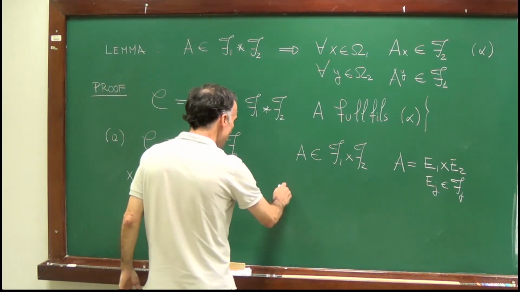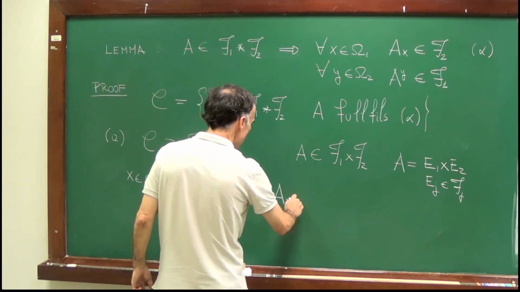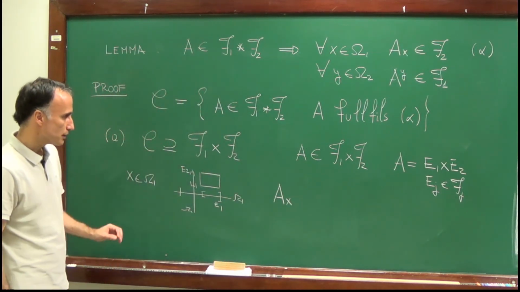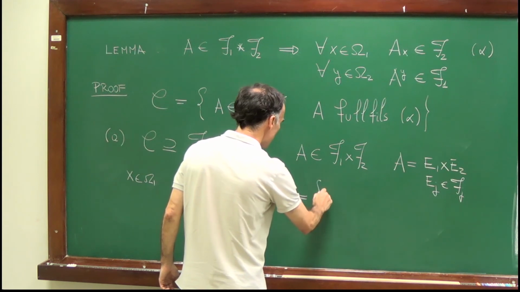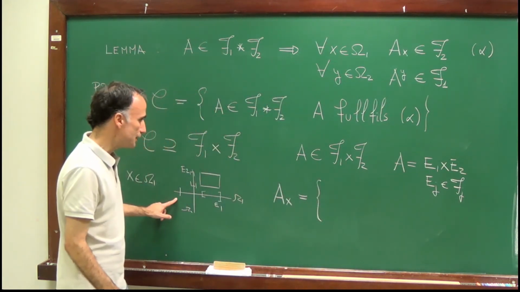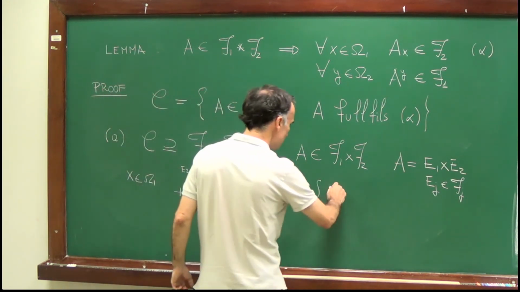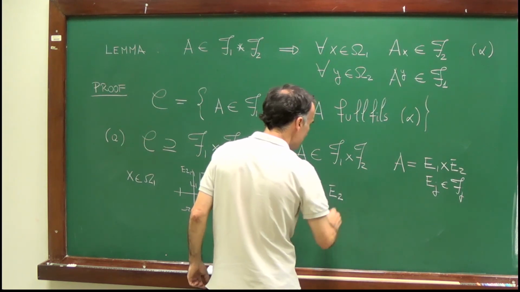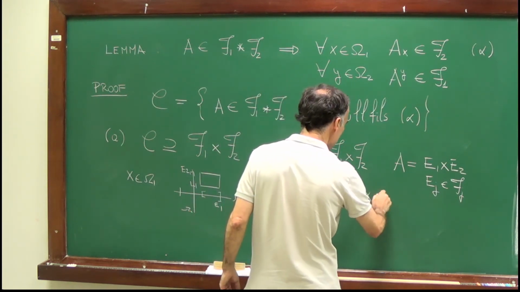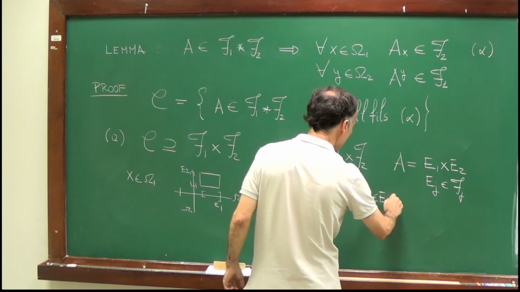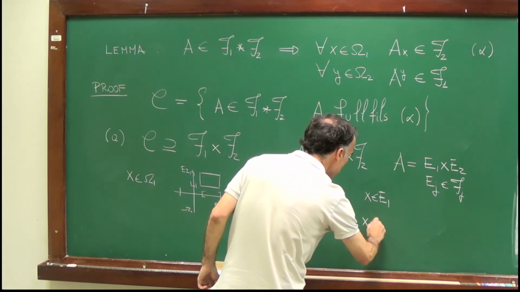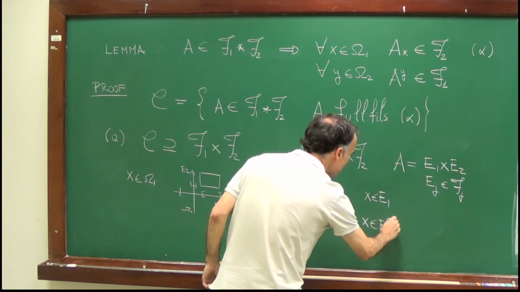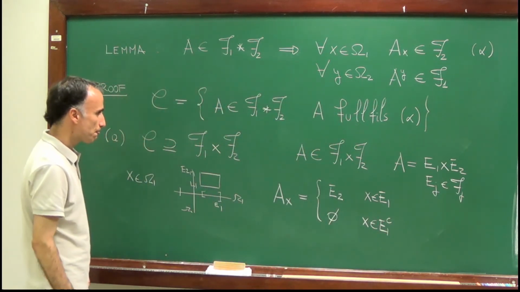So what I claim, and I leave it to you to check rigorously, is that Ax is either the set E2, and this is the case when x belongs to E1, or it is the empty set if x belongs to E1 complement.